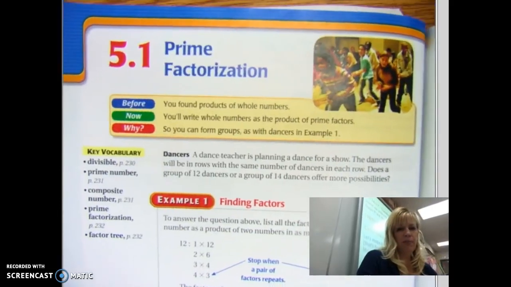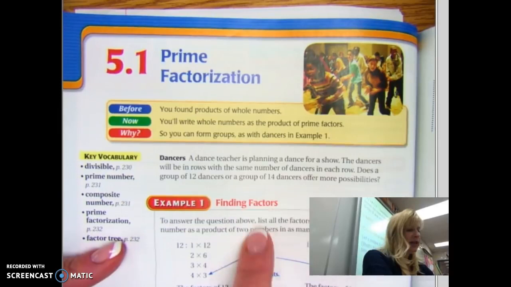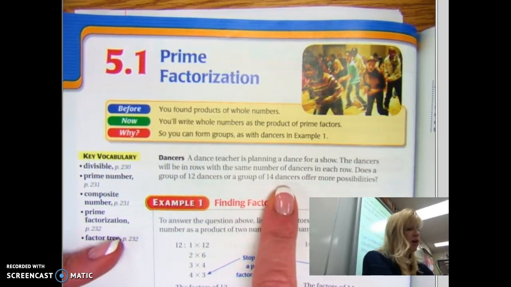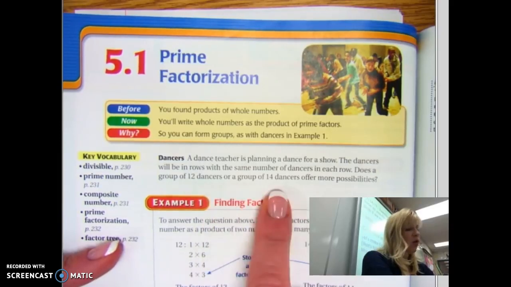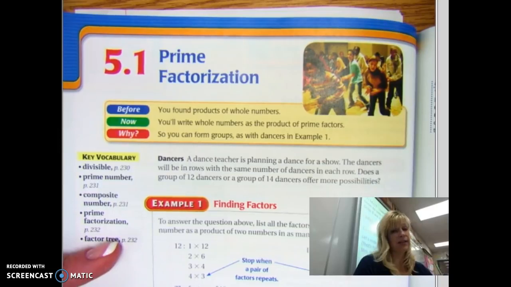So if we look in your book, a dance teacher is planning a dance for a show. The dancers will be in rows with the same number of dancers in each row. Does a group of 12 dancers or a group of 14 dancers offer more possibilities?